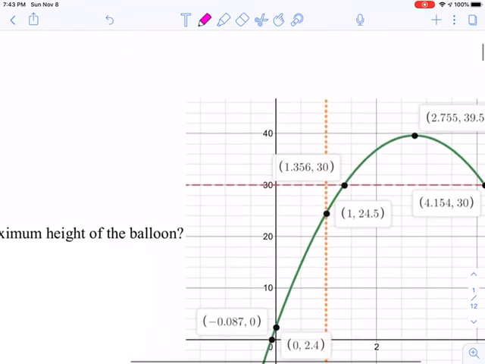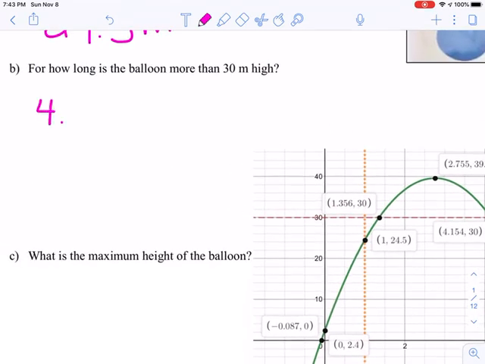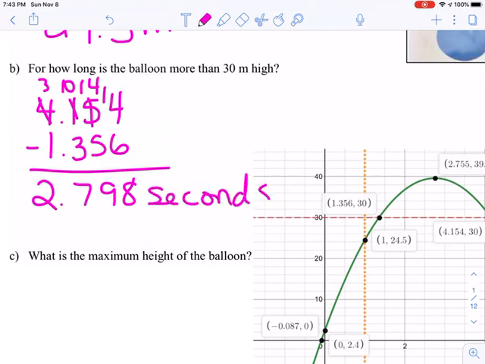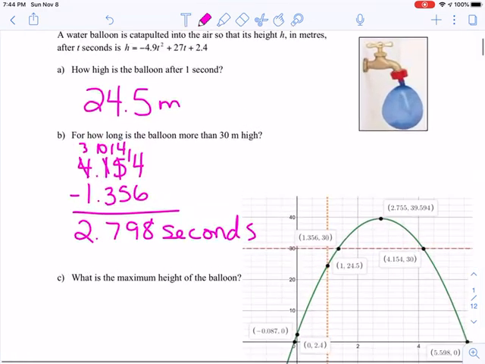So we have 4.154 minus 1.356, and then we just do the subtraction. So just under 3 seconds. So this is 2.798 seconds, I believe, yes.